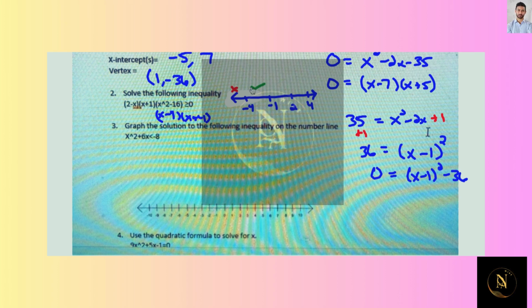So we are greater than 0 between negative 4 and negative 1. Then we test something like 0. That would be 2 times 1 times negative 16. That would be a negative value. So we're not positive in between negative 1 and 2.